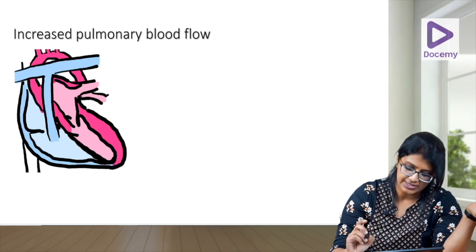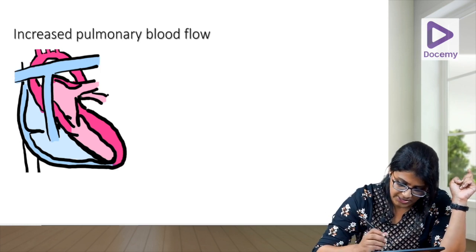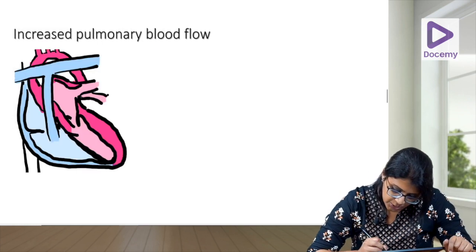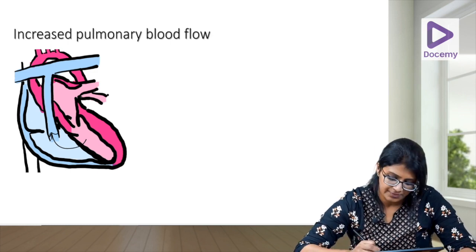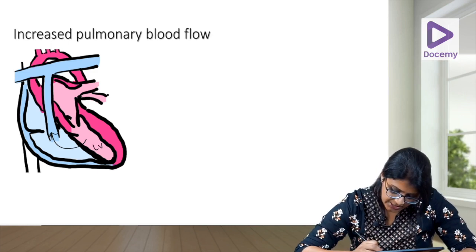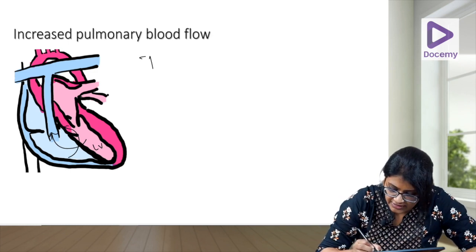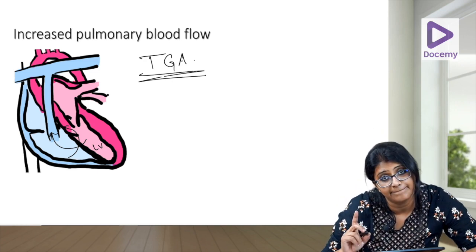So the first of these is that you have a switching of your arteries. So what happens here? I'm just going to mark this for you in black because it may be easier for us to see. So basically your left ventricle drains into your pulmonary artery and your right ventricle drains into the aorta. So you have the TGA, and this is the prototype of increased pulmonary blood flow.